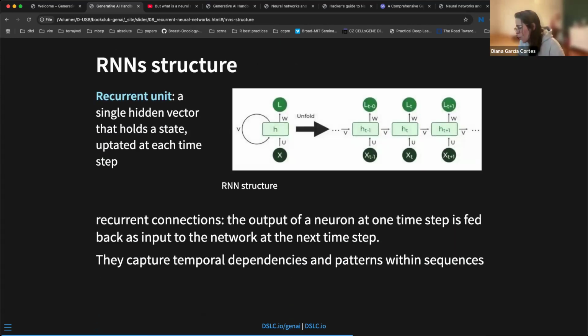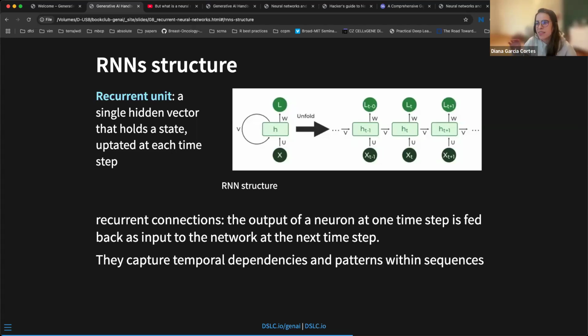So what people came up with was a different structure in the networks called a recurrent unit. That unit is going to hold a state. It's actually just a vector, but that unit is going to hold the state.